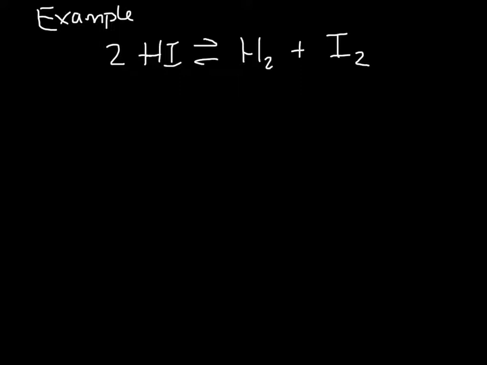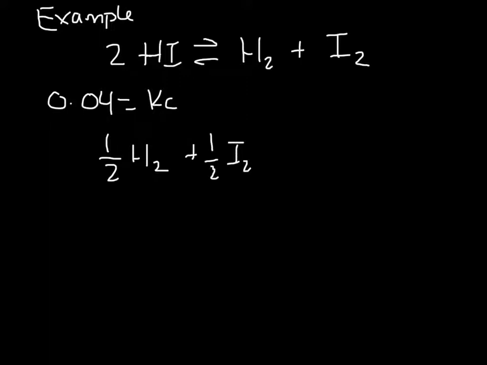So the equilibrium constant for this reaction is 0.04 at a certain temperature. What would be the value of the equilibrium constant for the following reaction at the same temperature? So now we're going to have 1/2 H2 plus 1/2 I2 gives us HI.